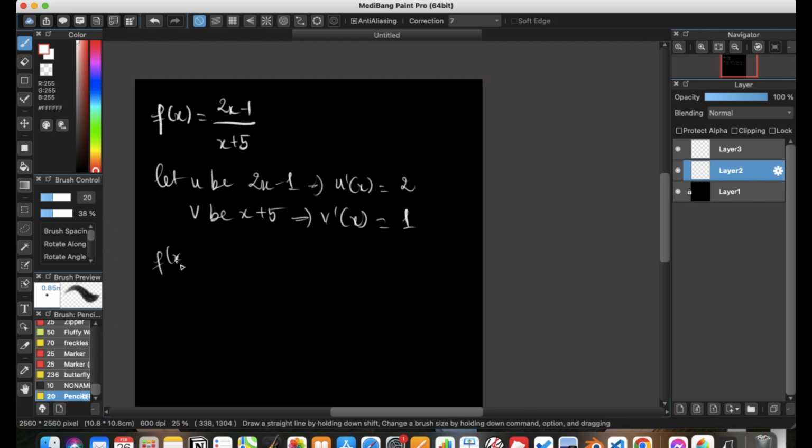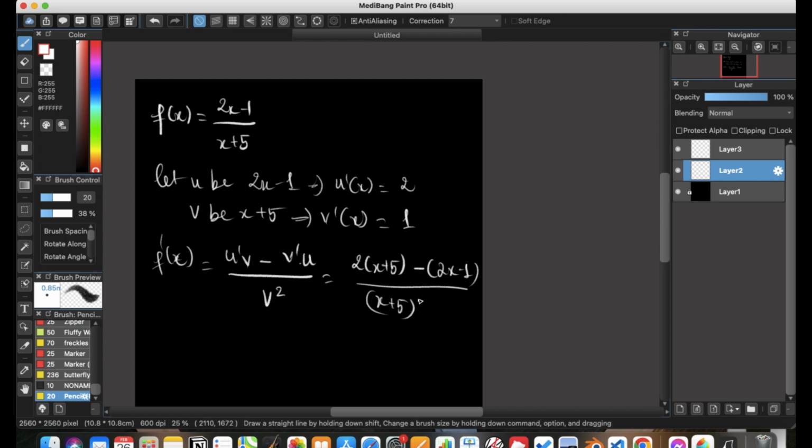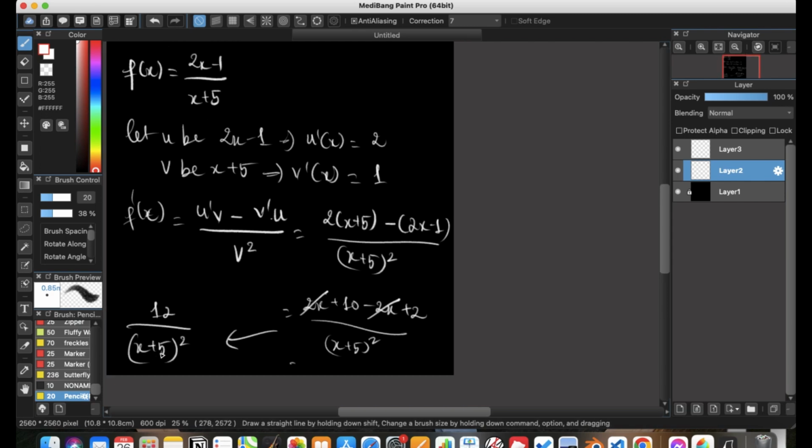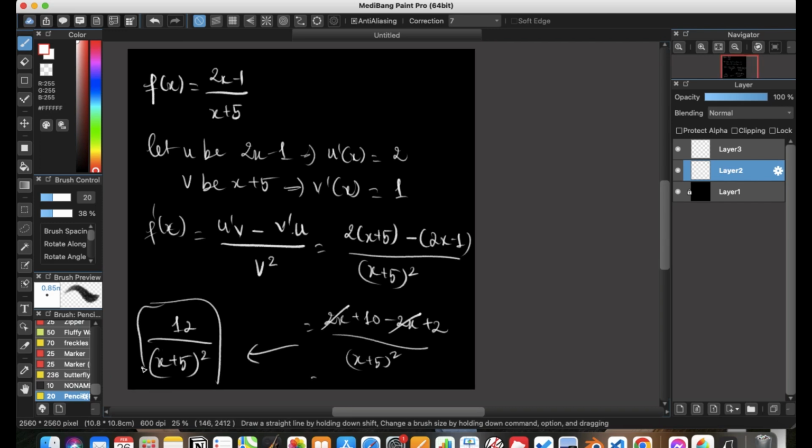So we have f prime of x is going to be u prime multiplied by v minus v prime multiplied by u, over v to the power of 2, and we're going to have 2 times x plus 5 minus 1 times 2x minus 1, over x plus 5 squared, so it's going to be 2x plus 10 minus 2x plus 1, it's going to equal 12 over x plus 5 to the power of 2. That's it. This is my final result.